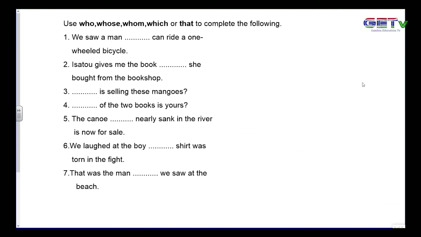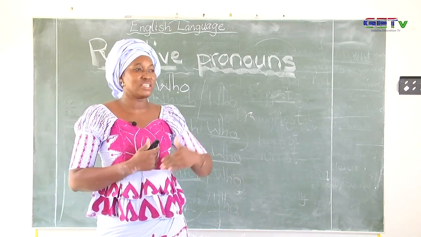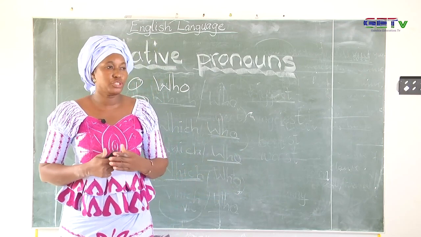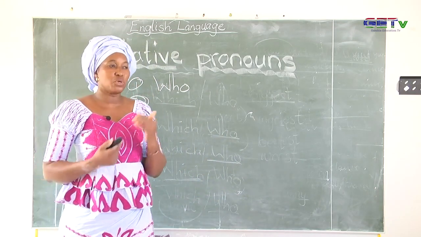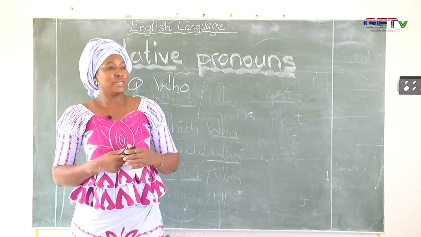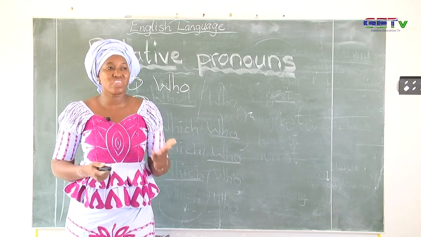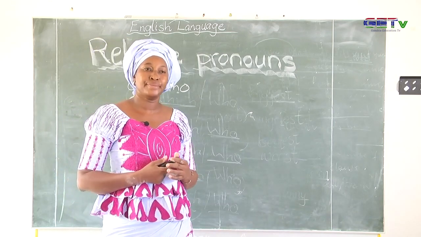For the first activity, we were using only two relative pronouns, that is who and which. But for this particular activity, we are going to try to use all of them, that is who, whose, whom, which, or that, to complete the following.